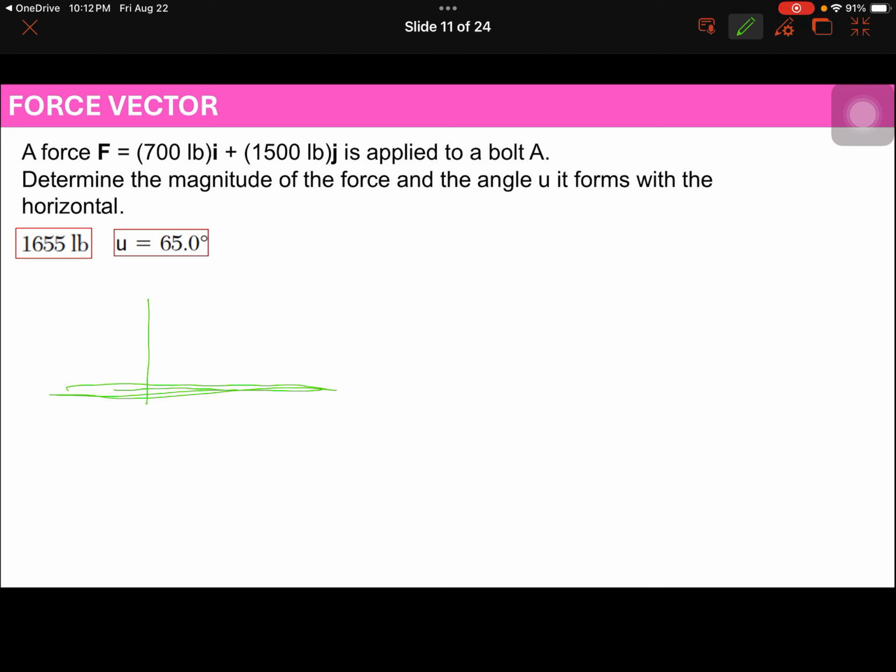So, what is the given? It is 700, that is Fx, 700 pounds, since partner niya si i, and then 1500 is partner kay j, so that's Fy, 1500 pounds siya. So, let's get the resultant, F. Equal siya sa square root ng 700 squared plus 1500 squared.